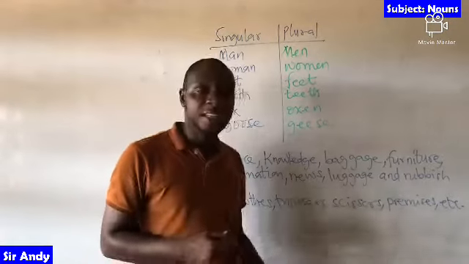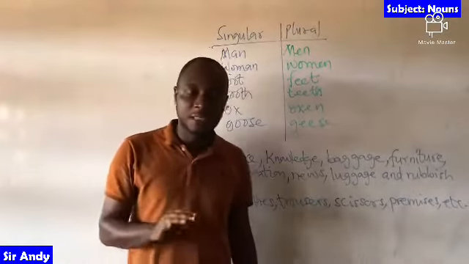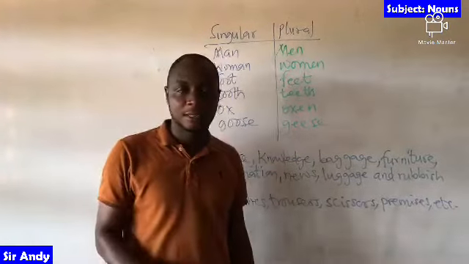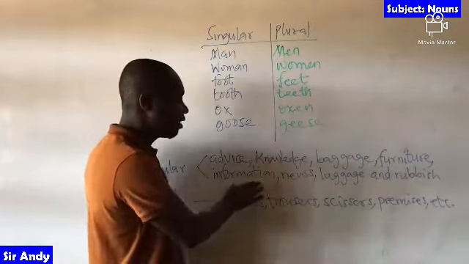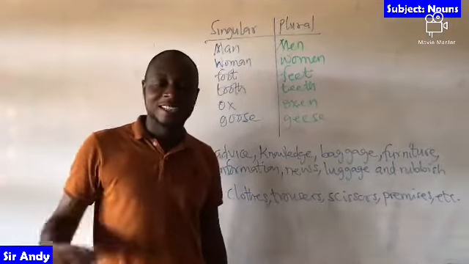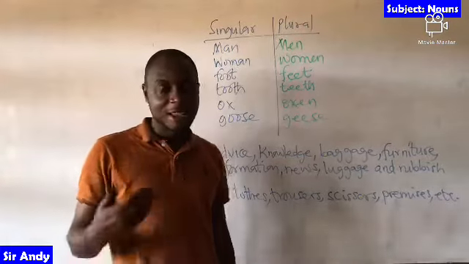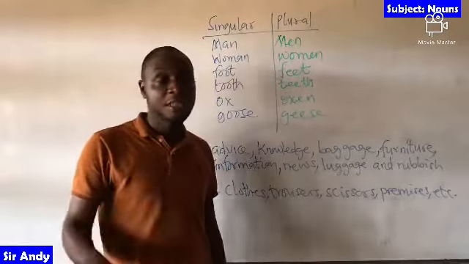And we have furniture. We don't say furnitures. That is also bad English. We don't say furnitures. Furniture remains as it is. Furniture. As we have information. Sometimes you hear people say informations just to mean that they probably heard something in a numerous form. No, information is information.